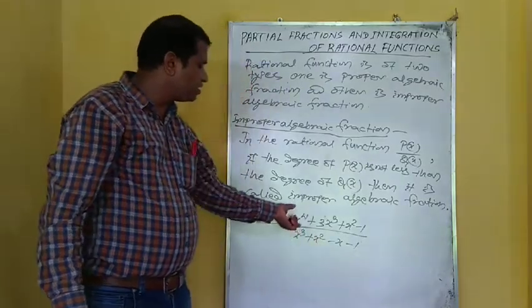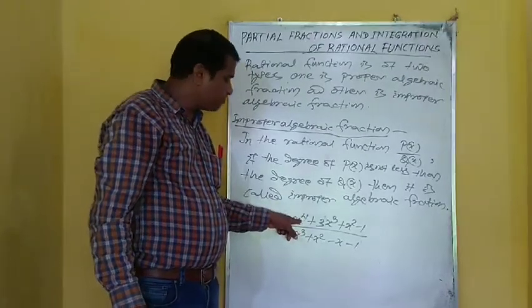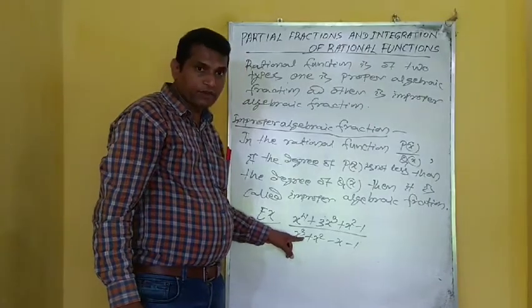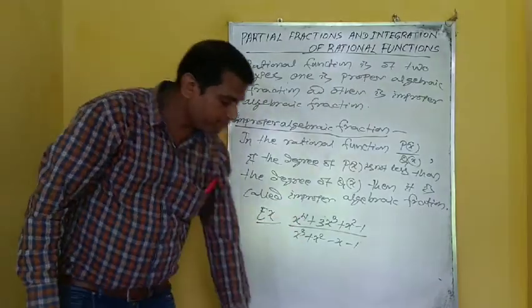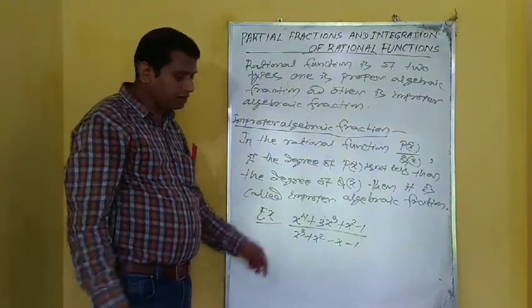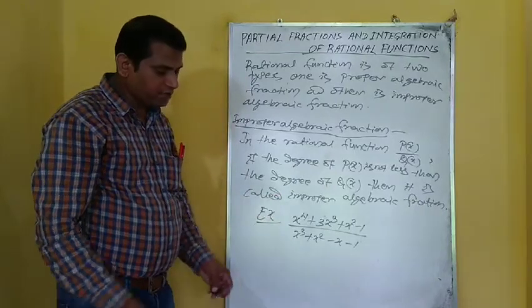Okay, because the degree of the numerator is 4 and the degree of the denominator is 3. So the degree of p of x, the numerator, is not less than the degree of the denominator q of x. That is called an improper algebraic fraction.